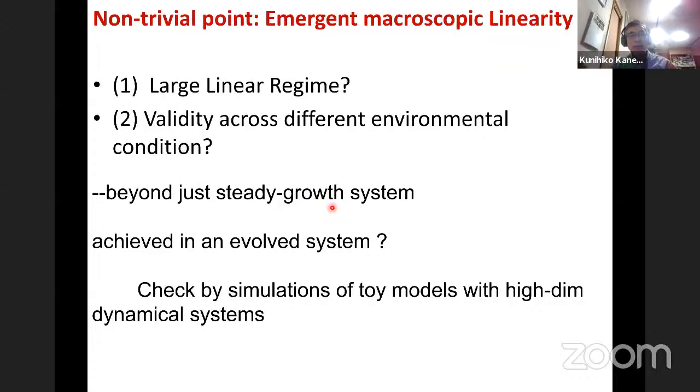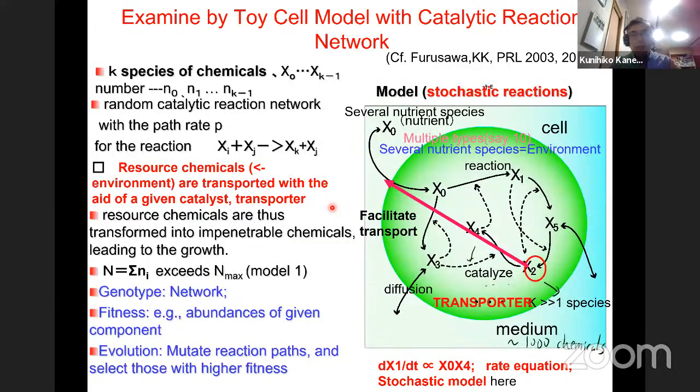So we can check by simulation, by taking a toy cell model with high dimensional chemical reaction dynamics. I will not go into details of this model, but it has been discussed in PRL several times.